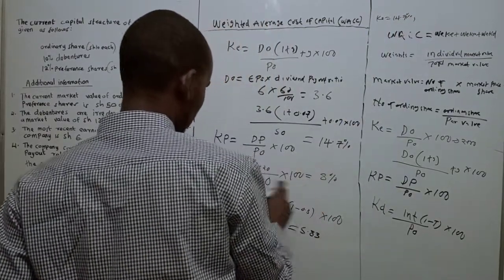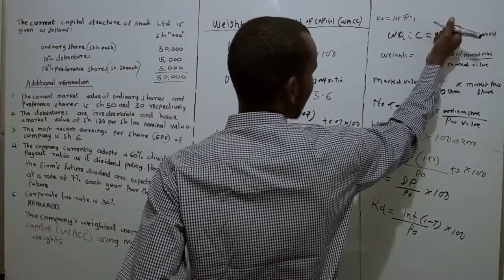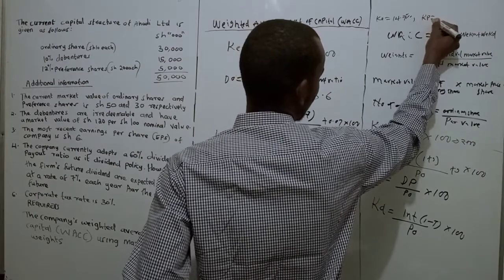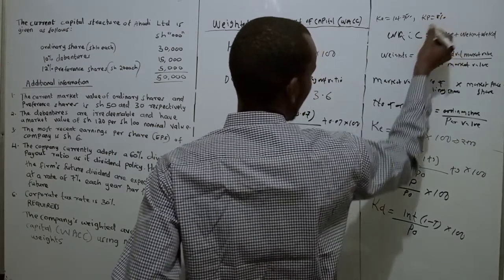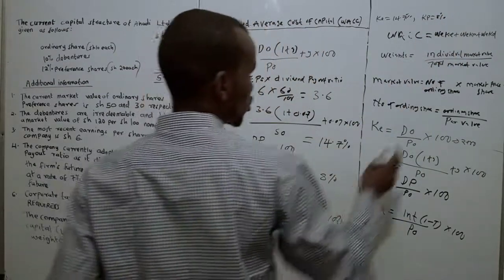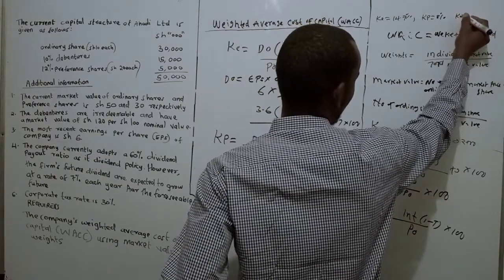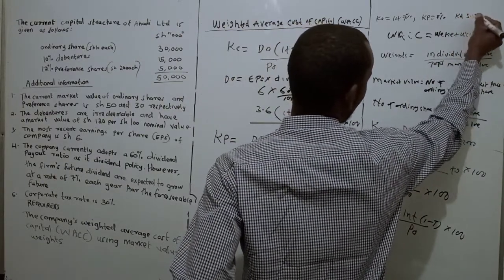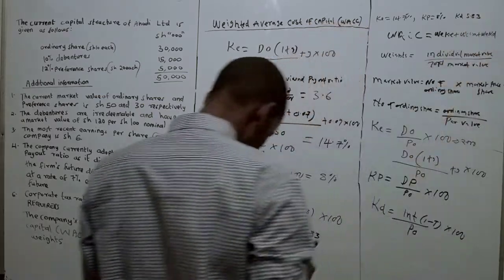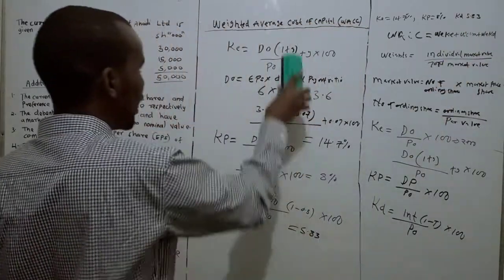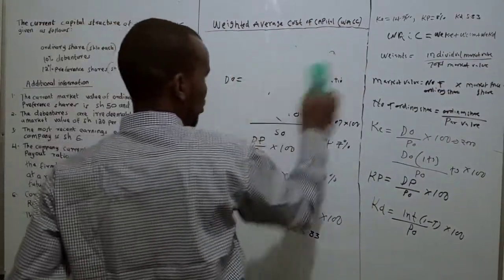Then the cost of preference is 8%. Lastly, the cost of debt is 5.83. Now I can wrap this and show how we can get the weights.